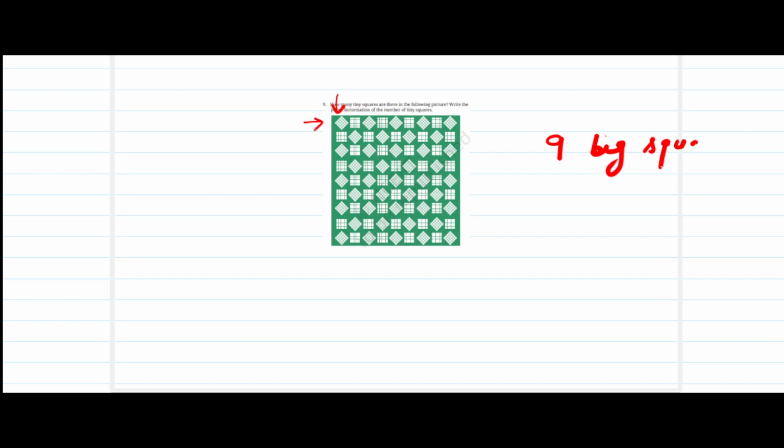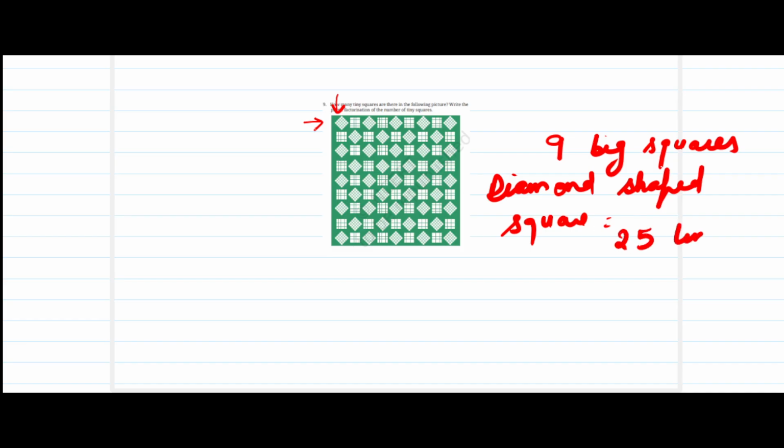You see that, 9 big squares in every row and every column, right? And the diamond shaped square has 25 tiny squares. Can you see that? 25 tiny squares, right?